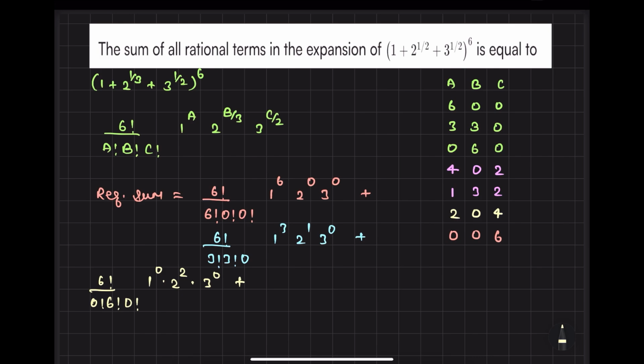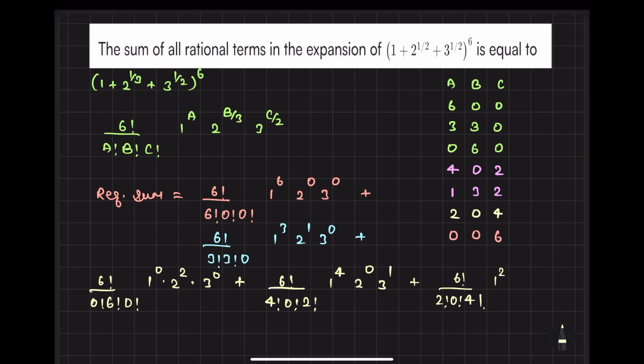Now we will go with the fourth one. So 6!/(4! 0! 2!). 1 will take 4, 2 will take 0, and 3 will take 1, since 2/2 is 1. Okay, done. Now let's go with the next case. 6!/(2! 0! 4!).